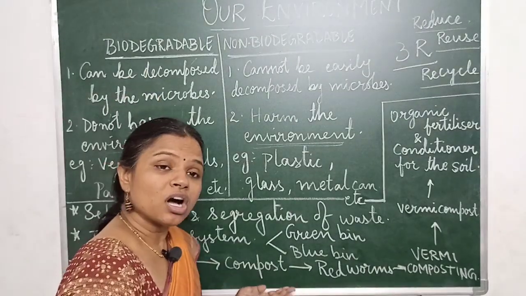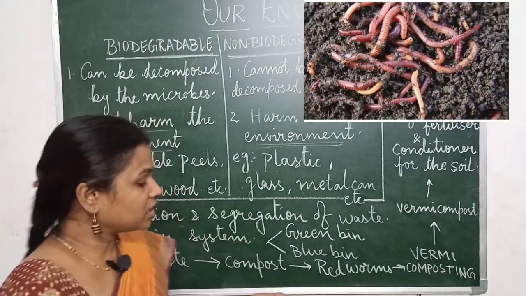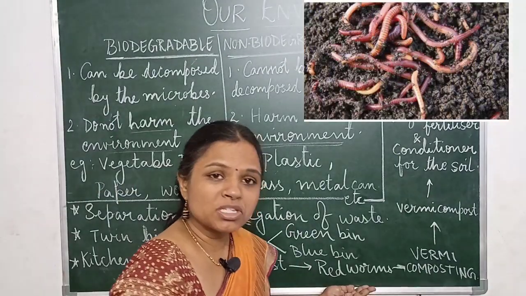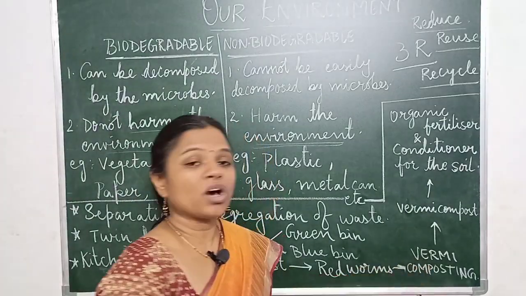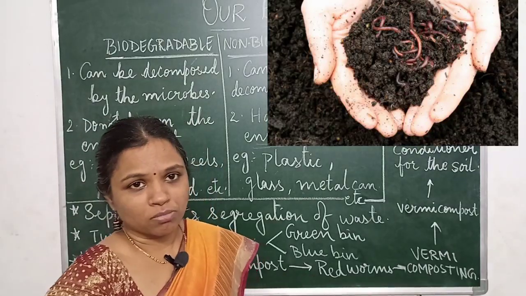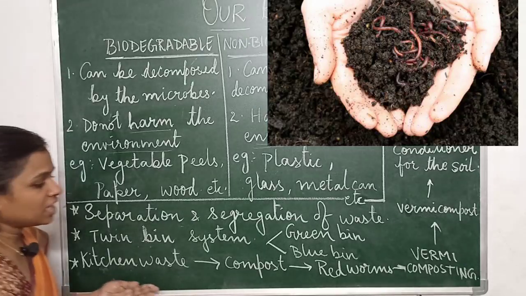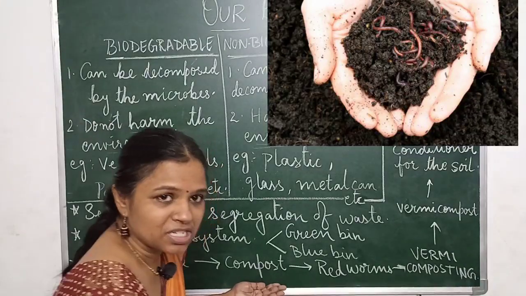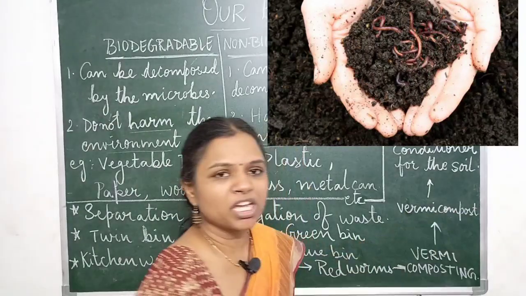It turns into compost. We can actually fasten this reaction by adding red worms or earthworms. This is what is called vermicomposting. So by using these red worms or earthworms, we can convert the biodegradable waste into a useful substance which is called compost, or even vermicompost.